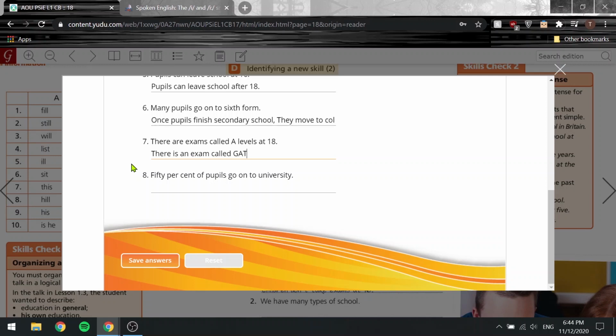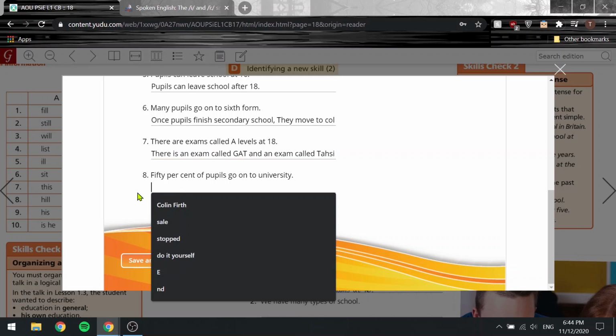I'm pretty sure you guys know what that is. It's called the General Aptitude Test. And an exam called Tahsili. Okay, so there's an exam called GAT and an exam called Tahsili.